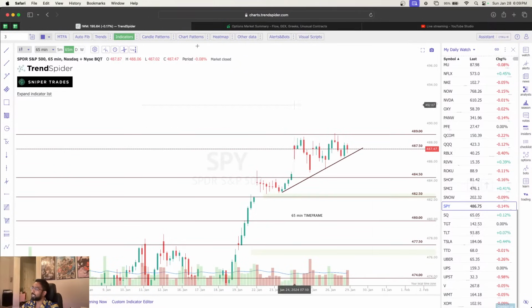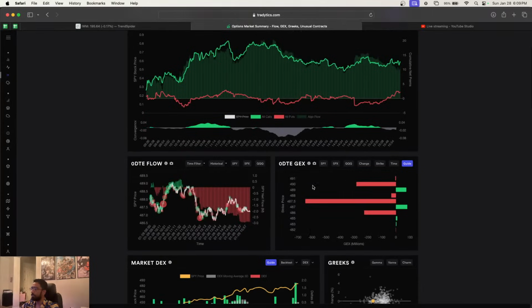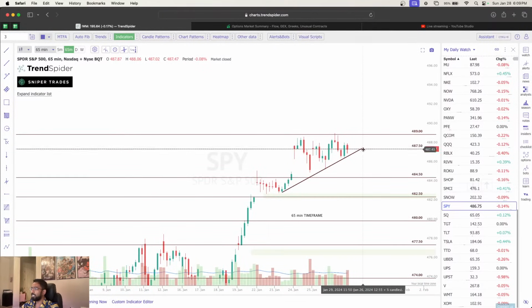That was the GEX levels that we were talking about as well. If you remember, I was posting this chart out. So that is where we stopped. And the other part that told me to wait and look for a confirmation, even if we broke down, is we don't have a bear gap open.